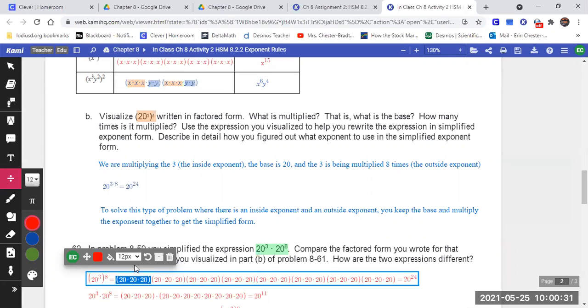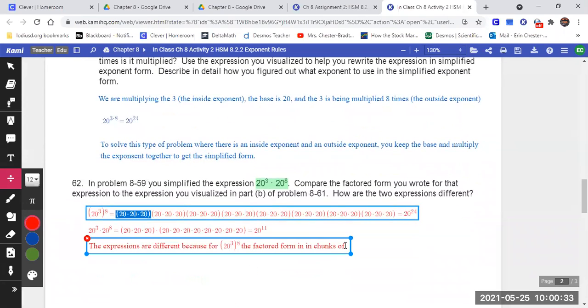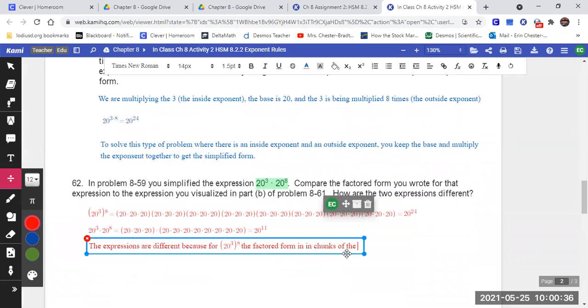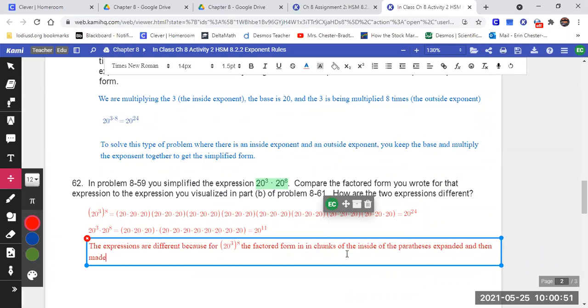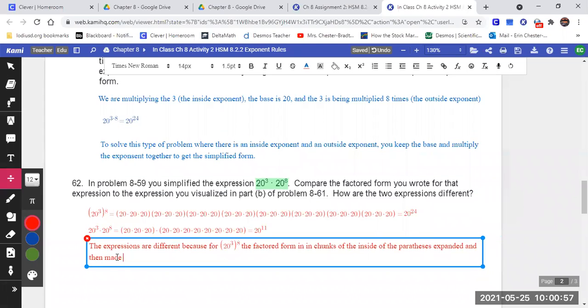Ah, so chunks of the inside of the parentheses expanded. And then, after we expanded the inside, then what do we do?